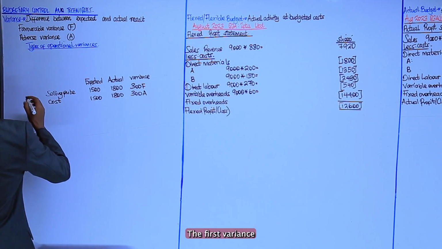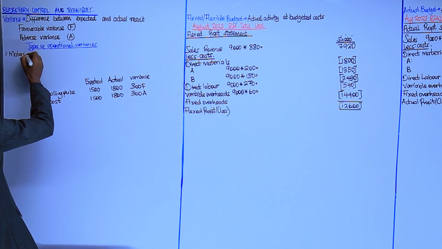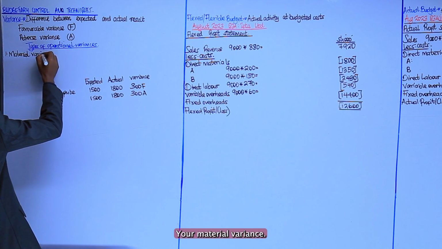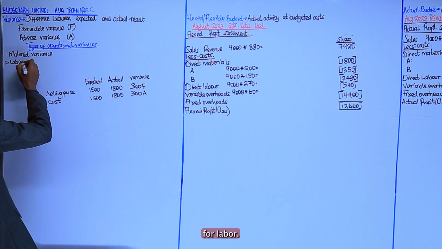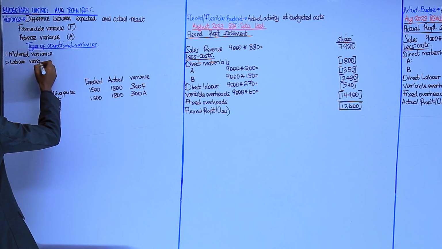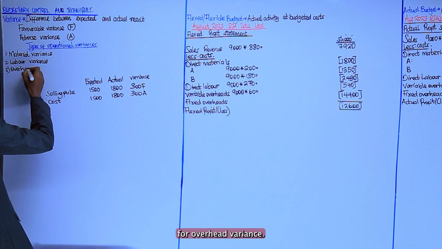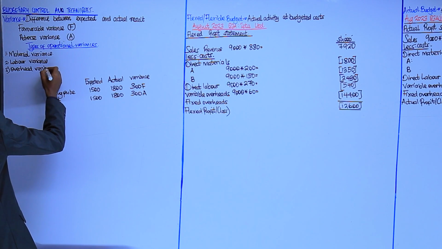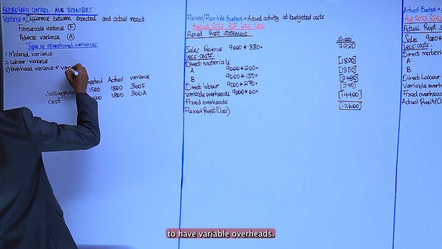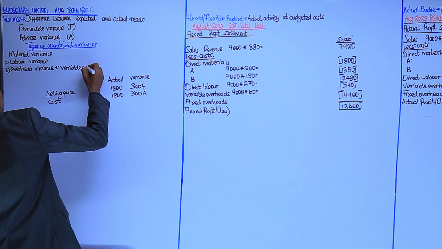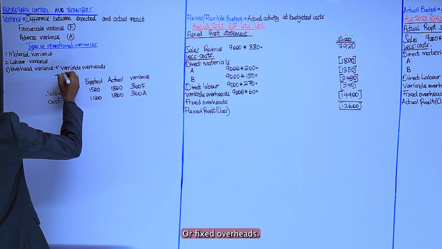The first variance is your material variances. Then we will also have variances for labor. We'll have overhead variances: either you're going to have variable overheads or fixed overheads.